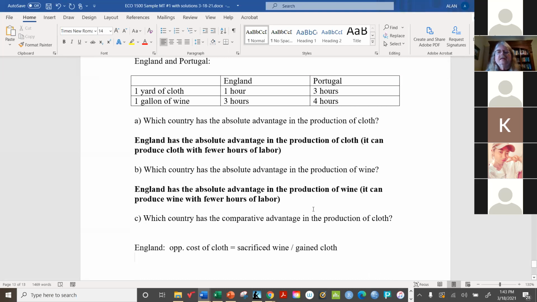So if we make a yard of cloth, making a yard of cloth requires 1 hour of labor, which means giving up 1/3 of a gallon of wine. Okay, so if you make cloth, you're not giving up a whole lot of wine.